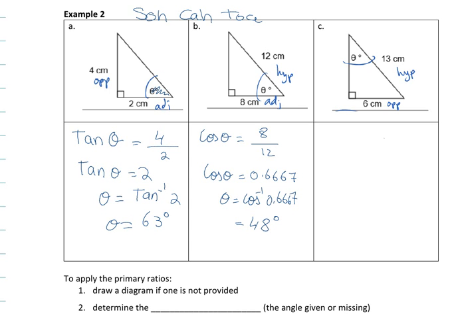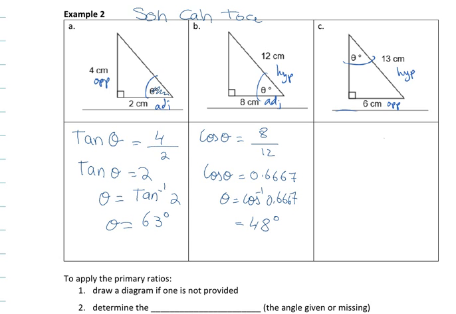Okay, set up the next question. So it's a right angle triangle. I know the opposite and the hypotenuse.